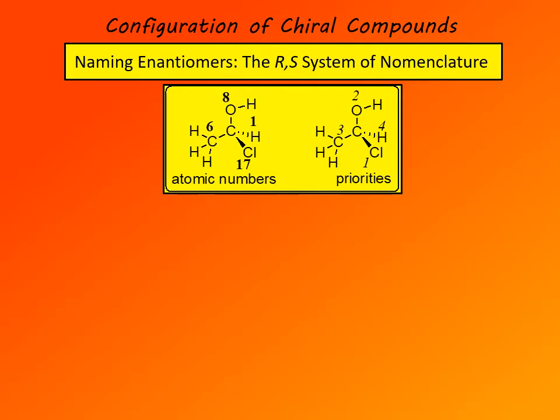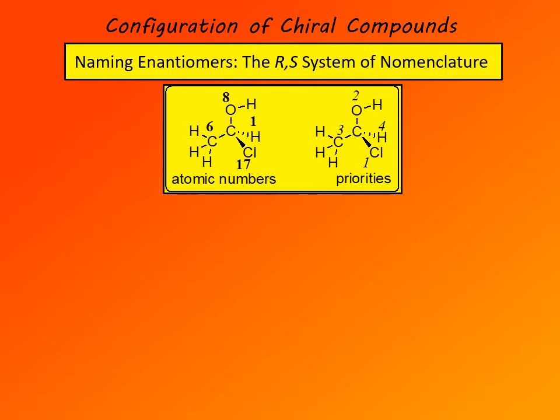And now you have to order those four substituents in the order of priorities from 1 through 4. Rules are the same. It is the atomic number of the atom directly bonded to the chirality center that matters. So you're not looking at the entire group, but only at the atom directly bonded to the chirality center.